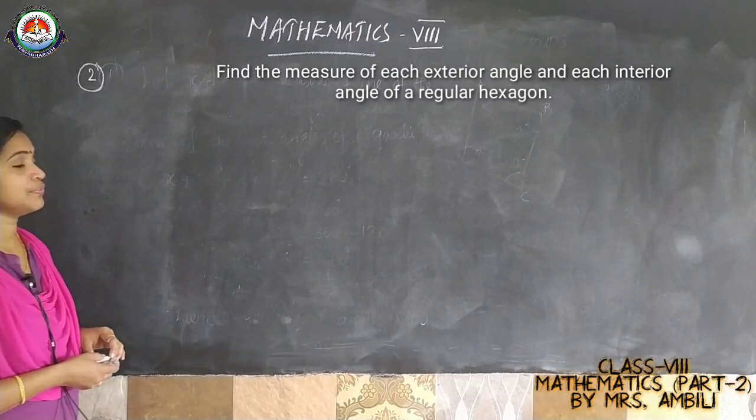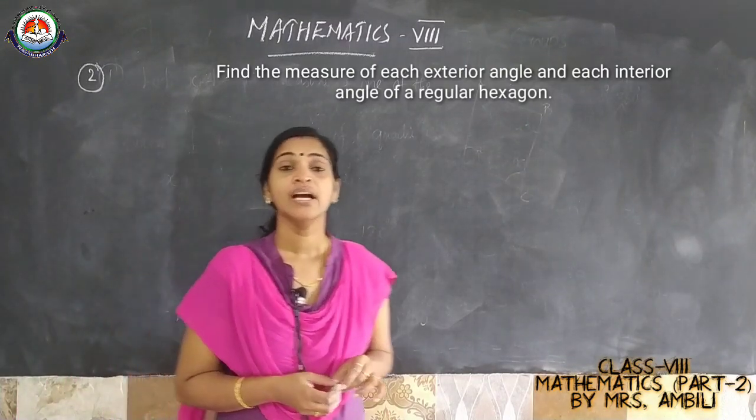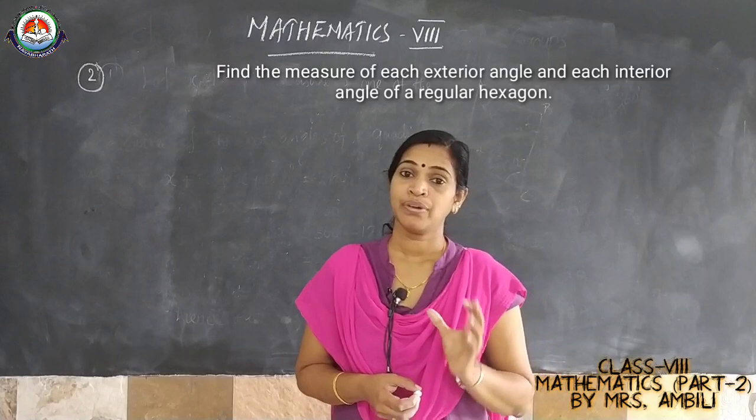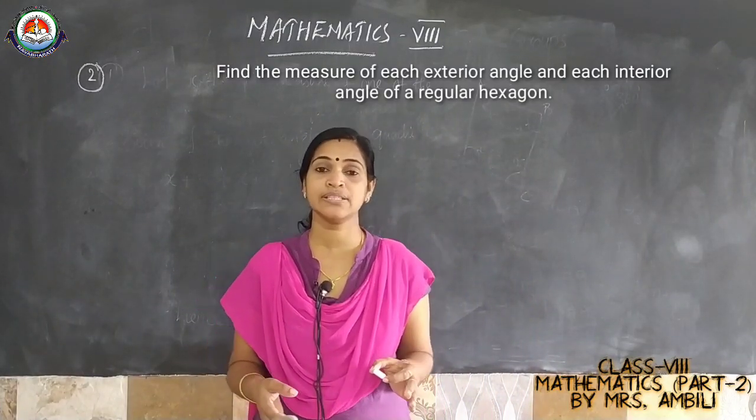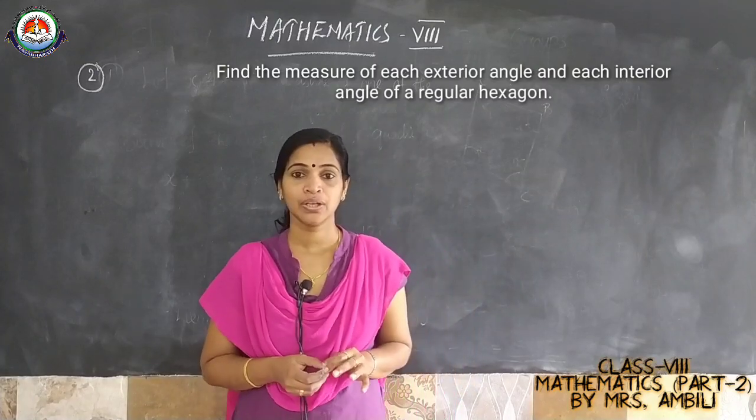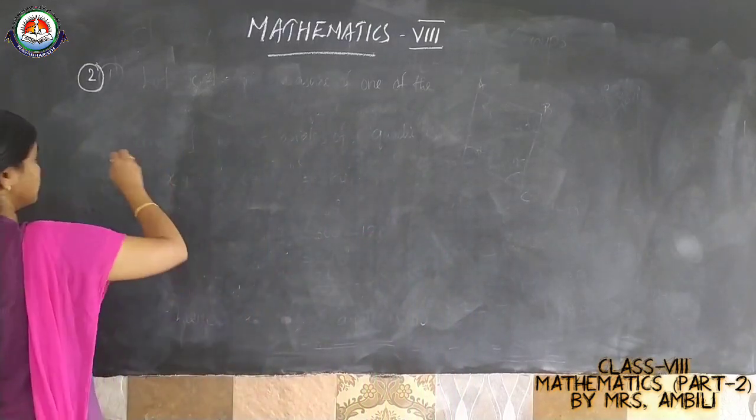For that, last class we studied that the sum of exterior angles of any polygon is 360 degrees. So that you need to write first.